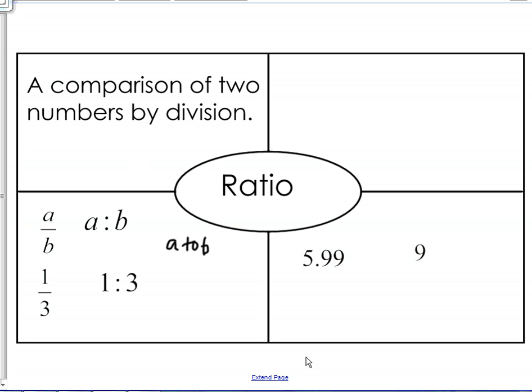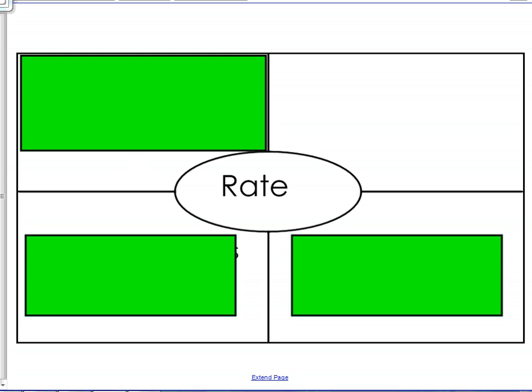These are not examples that you would want of ratios. Okay. All right. So then we're going to go on to what a rate is.